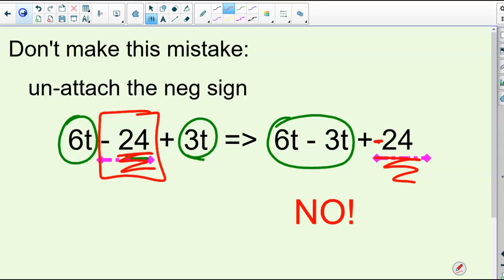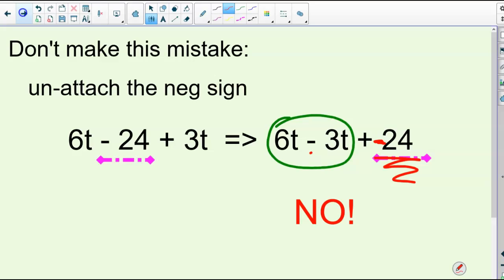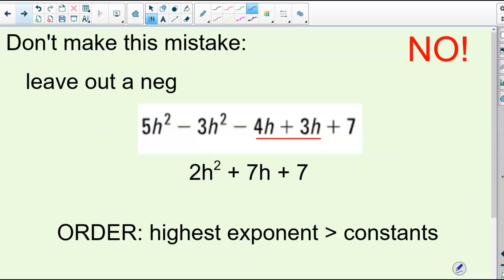It should still be right here with the 24, not just in this random place, right? So that's why when we underline, I'm going to erase all of this. When we underline to find our terms, make sure you are including everything. That's negative 24, positive 3t, so that you don't lose this negative, which is attached to the 24. Okay, don't make this mistake, right?